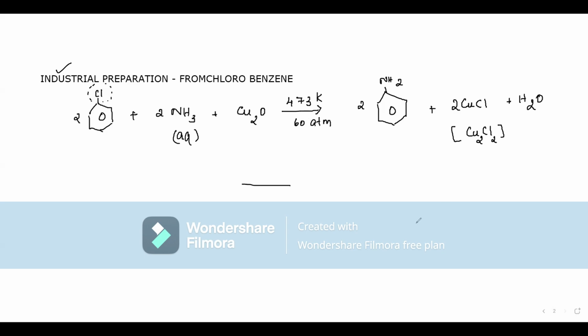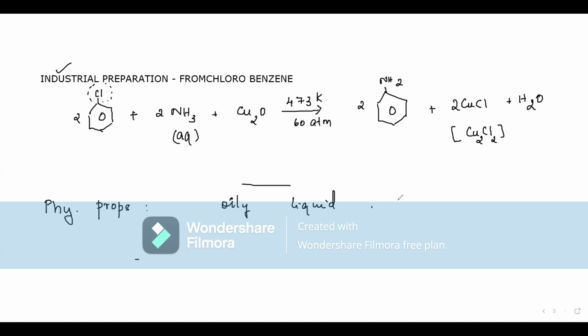Now, regarding physical properties, there is nothing much to memorize under the physical properties of aniline. So first of all, it is an oily liquid. You will have to do organic analysis with aniline, so you will get to see how aniline looks like.